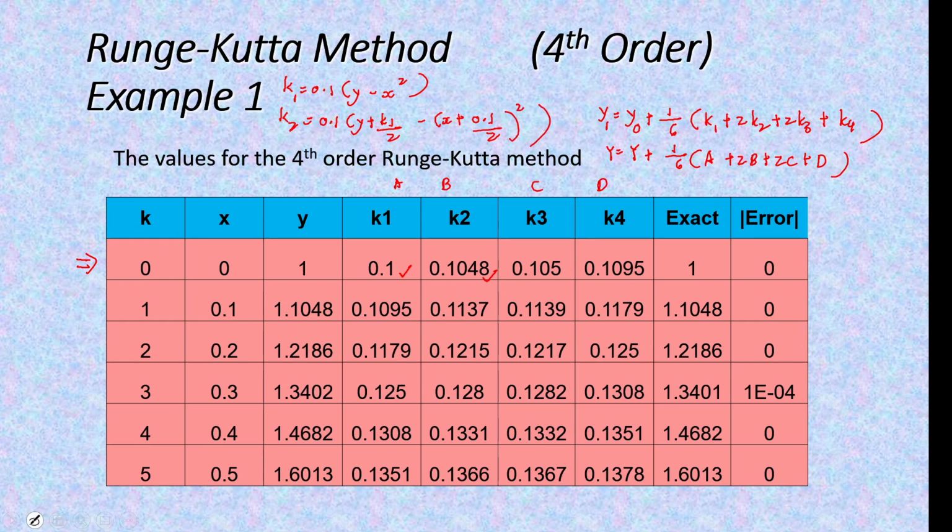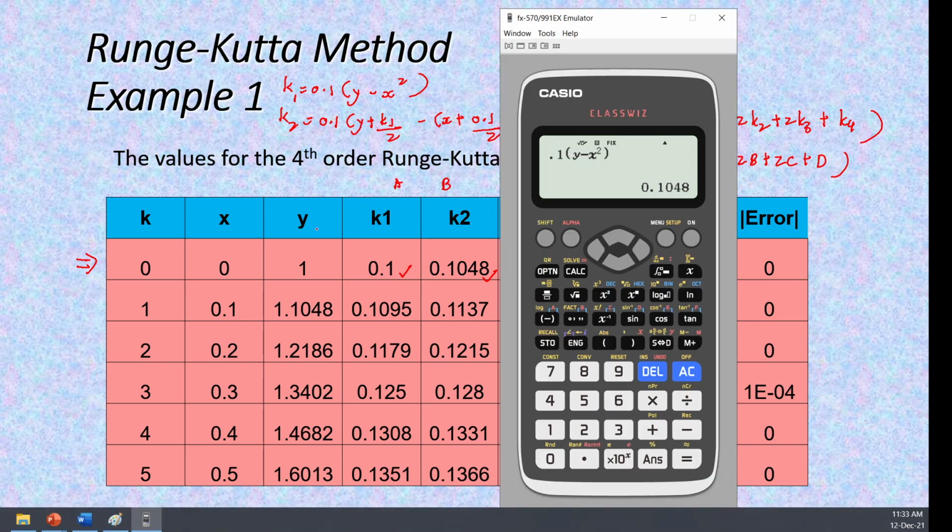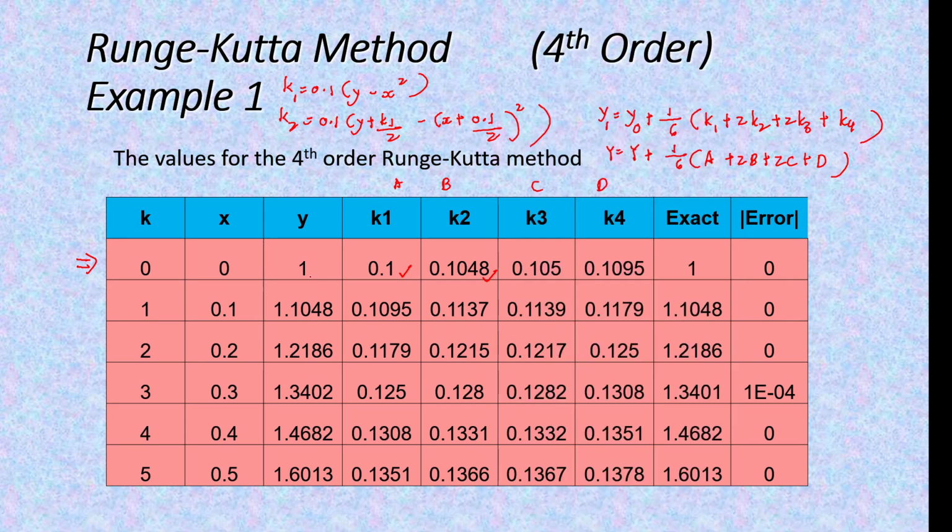When the calculator asked for y, I pressed the y value, which is 1 plus 0.1, k1 divided by 2. And when the calculator asked for x, I pressed x plus h, which is 0.1 divided by 2. Then I obtain 0.1048. Can you follow or not?